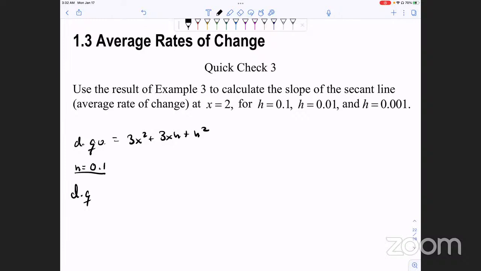I'll say the difference quotient, I'm just going to abbreviate it like this. This is going to be 3 times 2 squared plus 3 times 2 times 0.1 plus 0.1 squared, right?